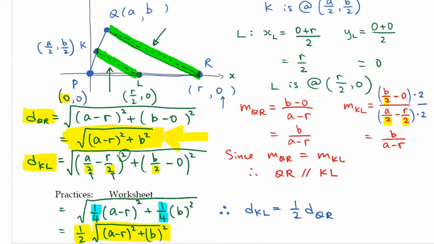So once again, this is the type of question that I will consider the most difficult in this unit, because you don't have numbers to deal with. Everything is in terms of different variables.